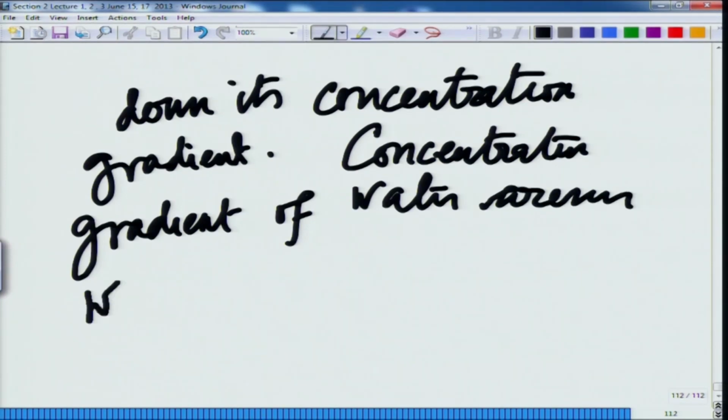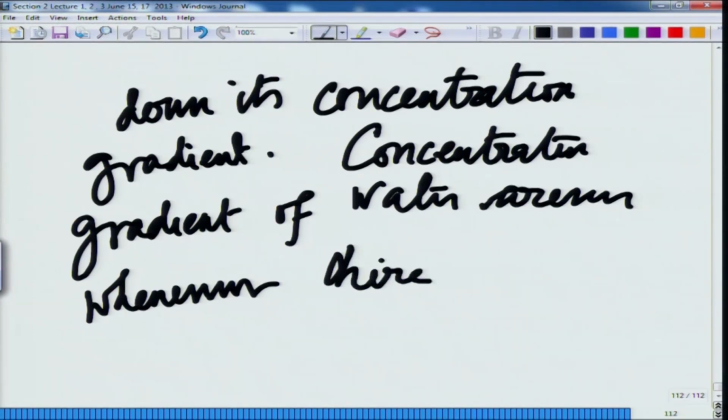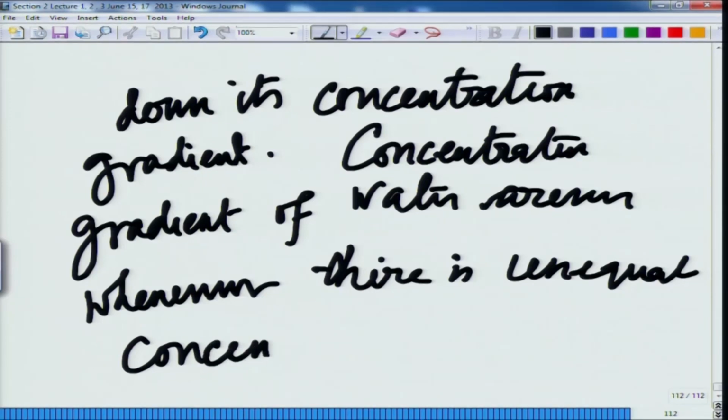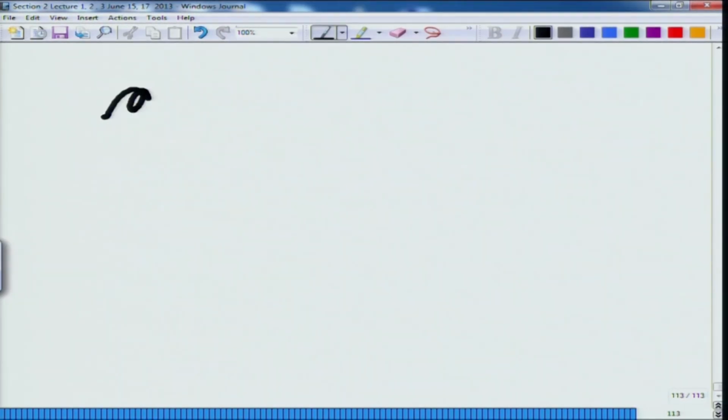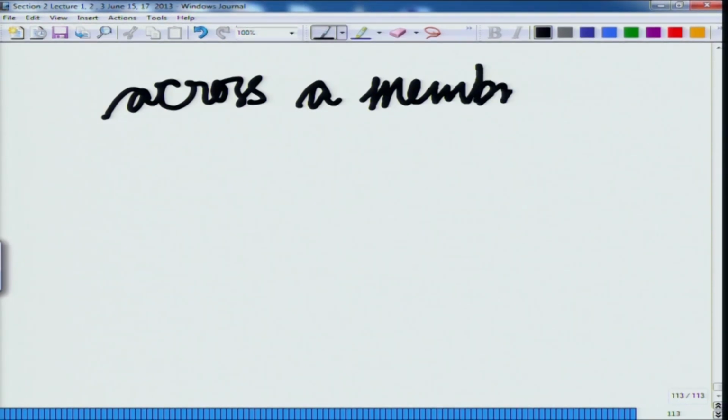A concentration gradient of water arises whenever there is unequal concentration of particles across a membrane. This is extremely important.